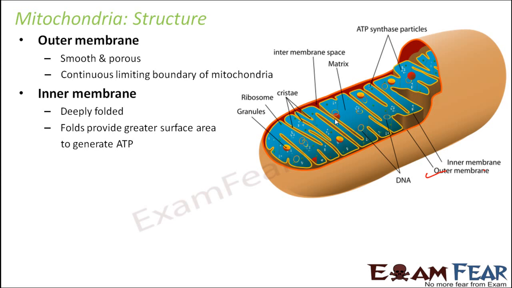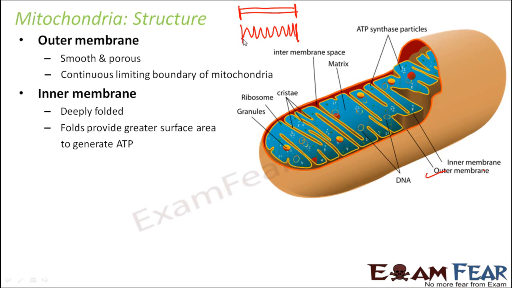The same concept. If you have a wire, if you keep the wire like this in this much of area, this will be the area which will be available. Now if you want to increase the surface area but you have only this much of space, what do you do? You fold the same wire like this.